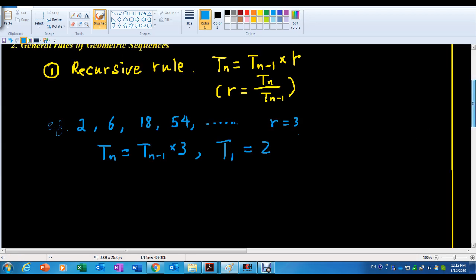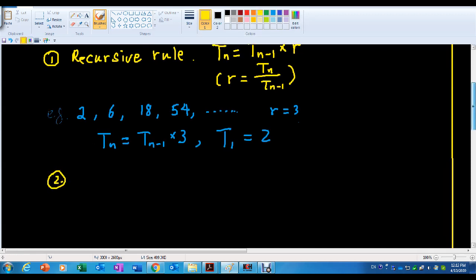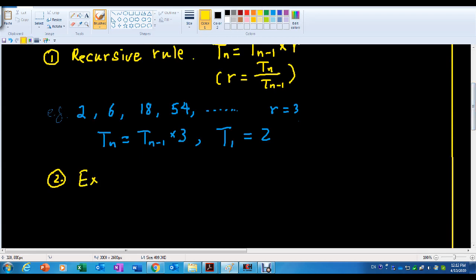How about another rule which is much more common in our study? This is what we call the explicit rule. An explicit rule builds a relation between each term and the first term.